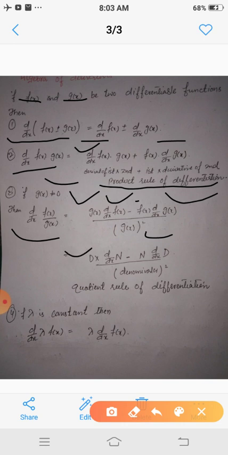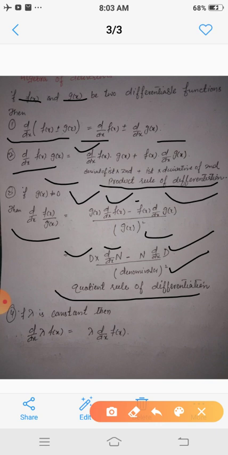That is, denominator into differentiation of numerator minus numerator into differentiation of denominator, upon denominator square. This is called the quotient rule of differentiation, because here we know d/dx of f(x) and d/dx of g(x).